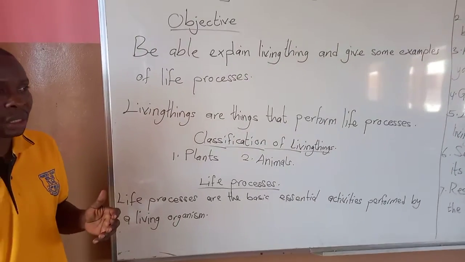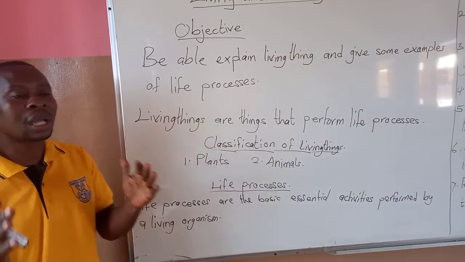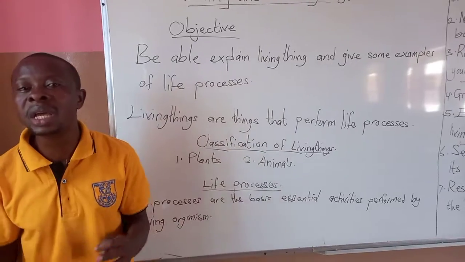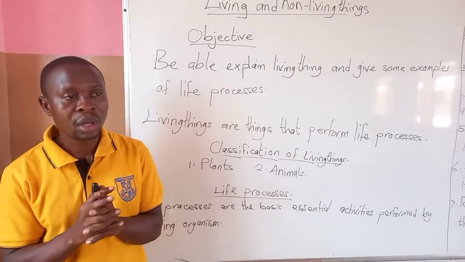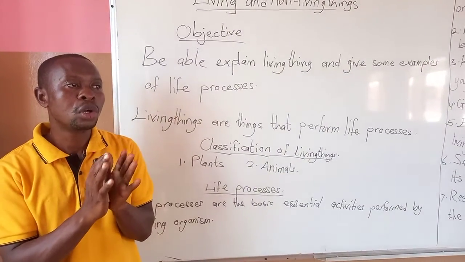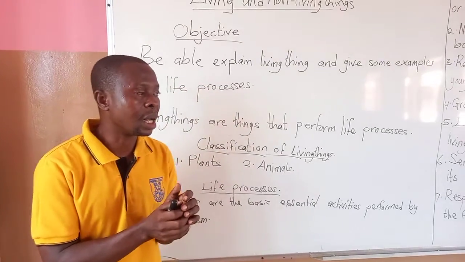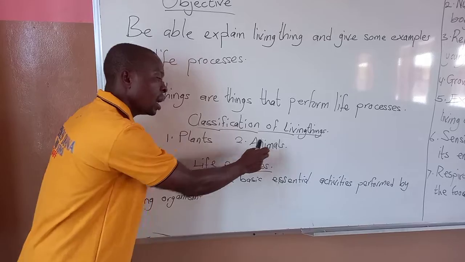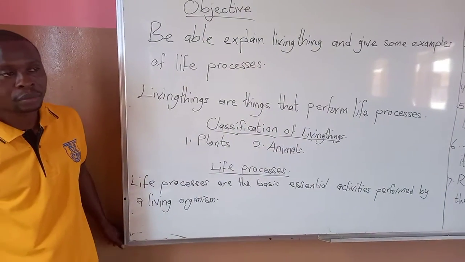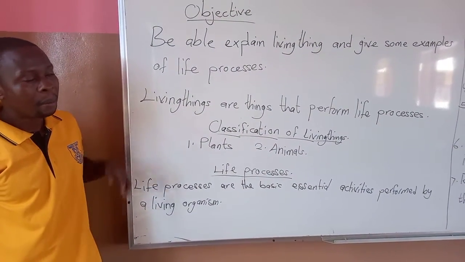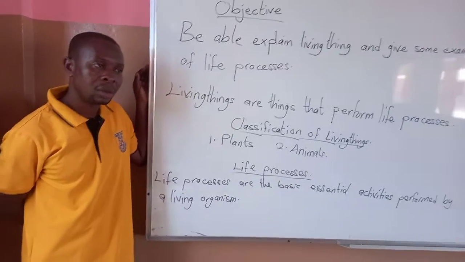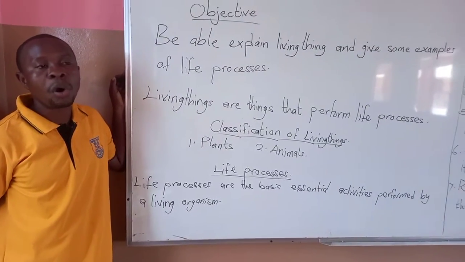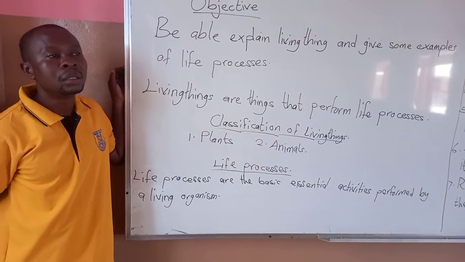Now let's look at the classification of living things. Living things are put into two main groups: plants and animals. Plants and animals come together to form living things.